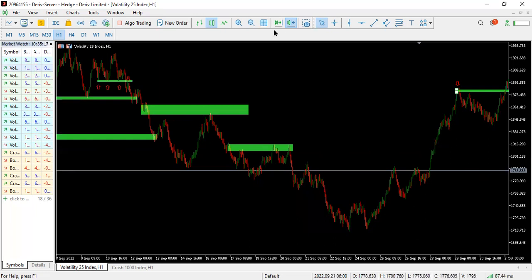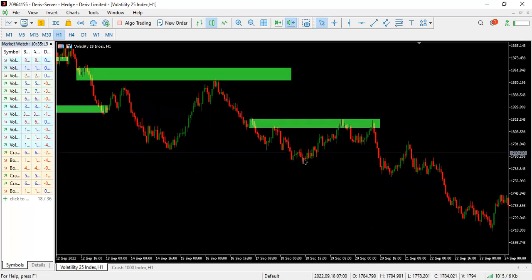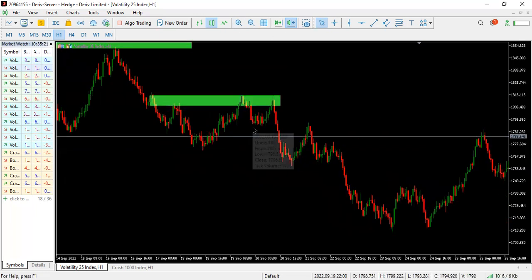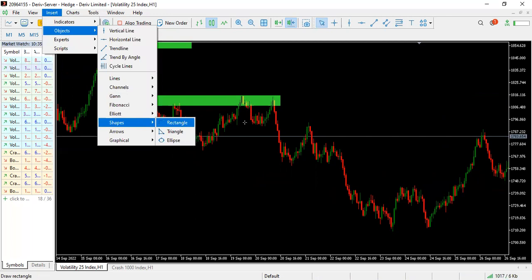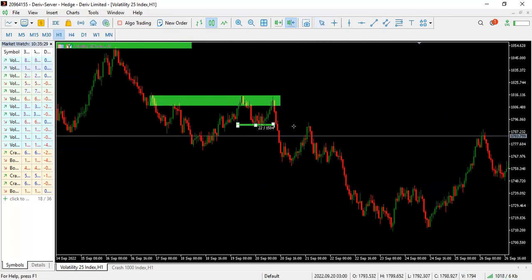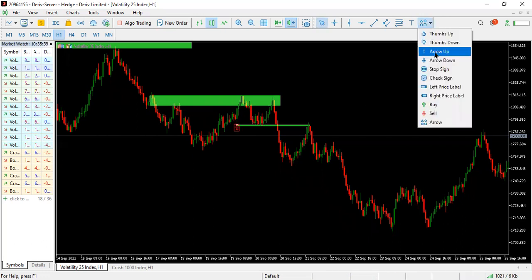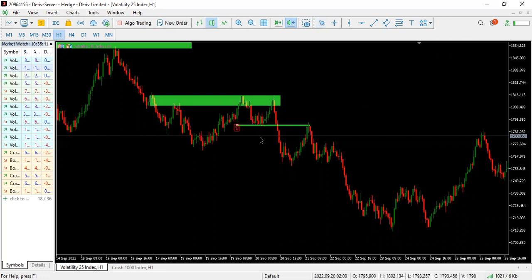Here, we have a small breakout. You can see here, we have a bit of consolidation. Let's use our horizontal line. You can see what happened here. First time. This one, I'm not gonna count how many times.